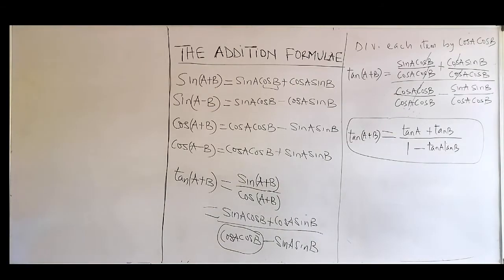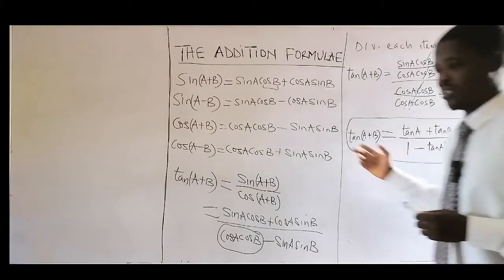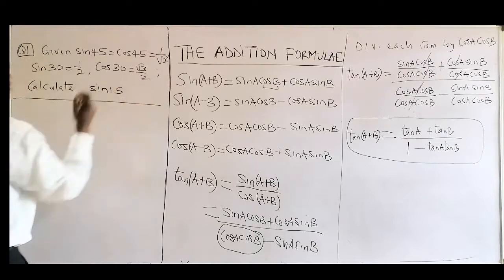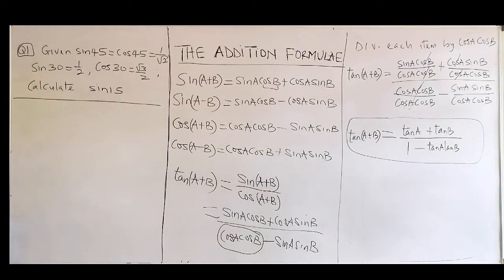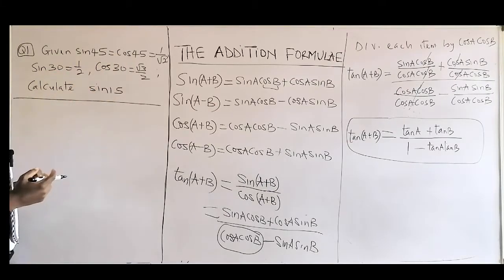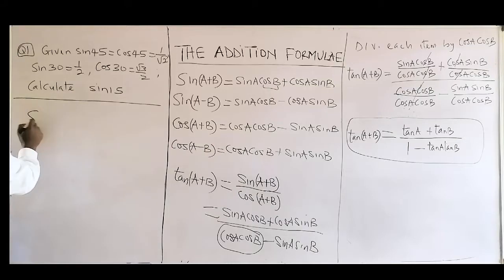Let's take some questions to apply this. Calculate sine 15. If you look at the information given, the 45 value we have it there in the question, and the 30 value we have it there in the question. So what we should do now is think how we can use this 45 and 30 to get 15.